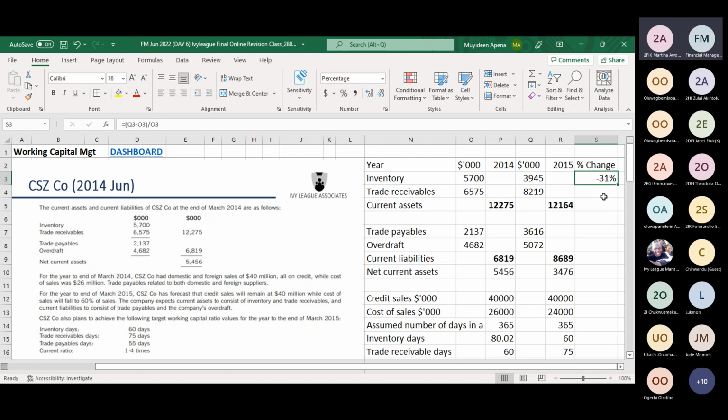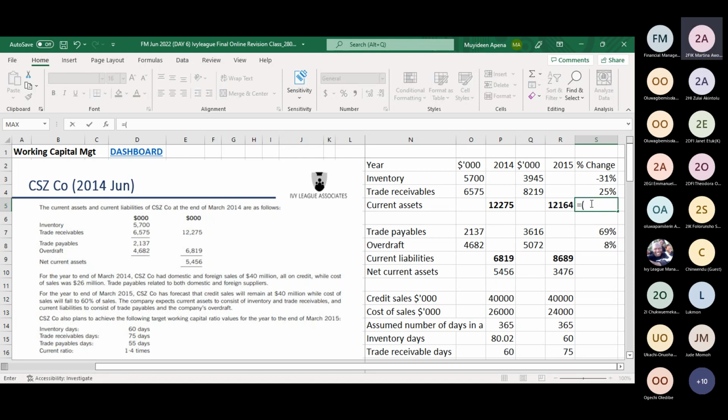A 31% decrease. Okay. So if I bring the formula to the next one, this turns to a 25% increase. Doing the same for payables, a 69% increase. Overdraft, 8% increase. So we can also do the same here for the total: new minus old divided by old.